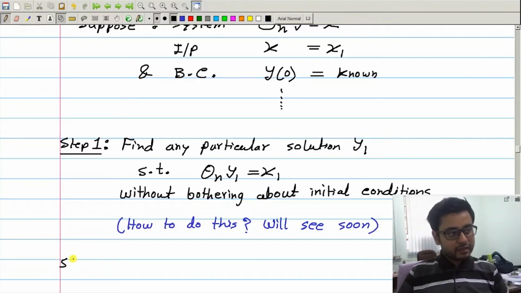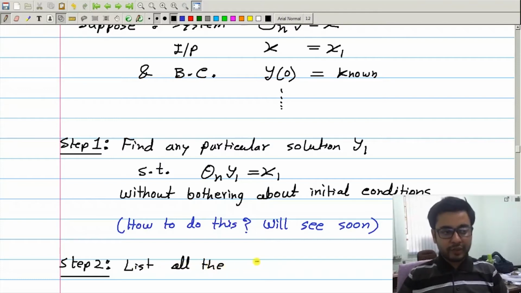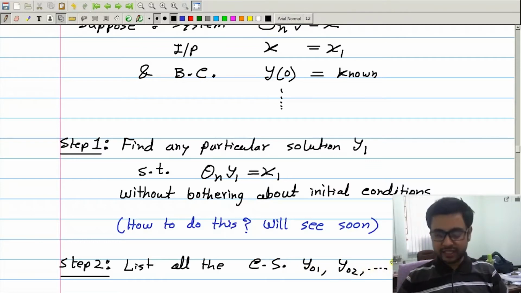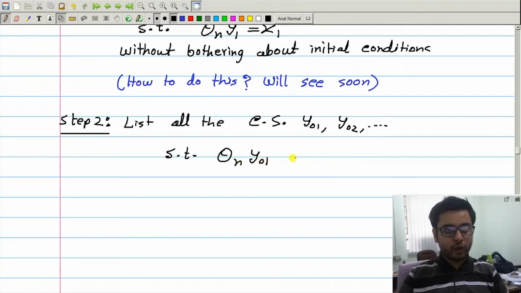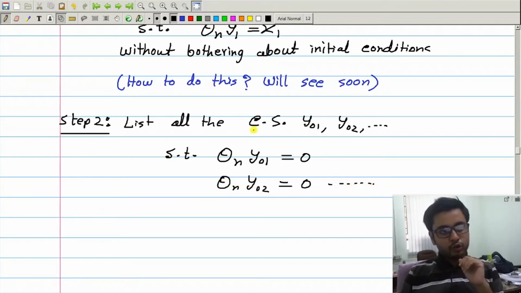Next, step 2, list all the complementary solutions y01, y02, etc. such that Ly01 is equal to 0, Ly02 is equal to 0, etc. And how to get all the possible complementary solutions?